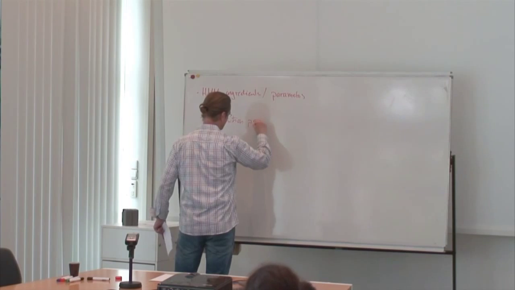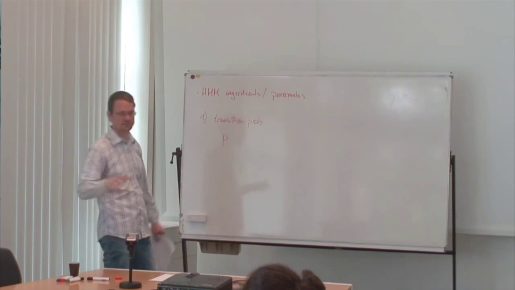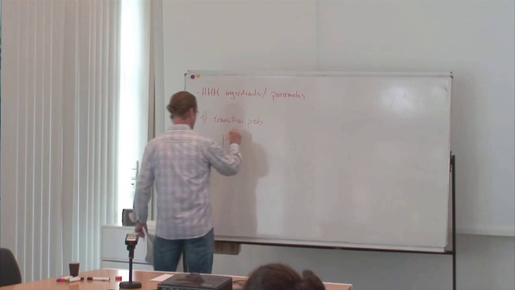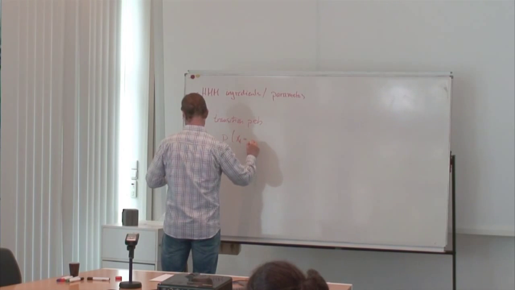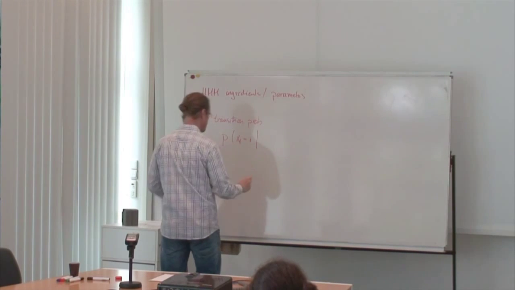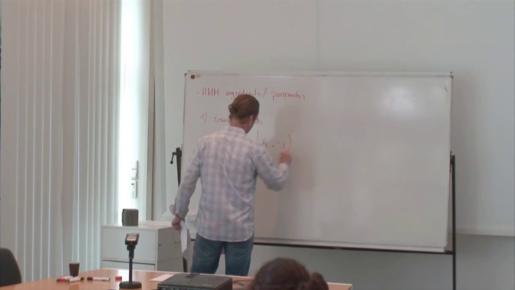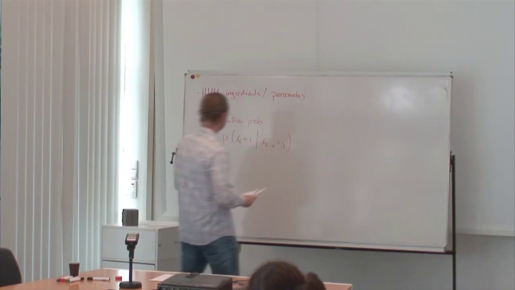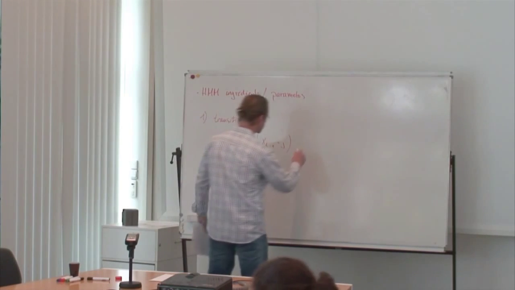That is totally analogous to the case of Markov chains, where we had the probability of being in state i at time t, given that at time t minus 1 we've been in state j.